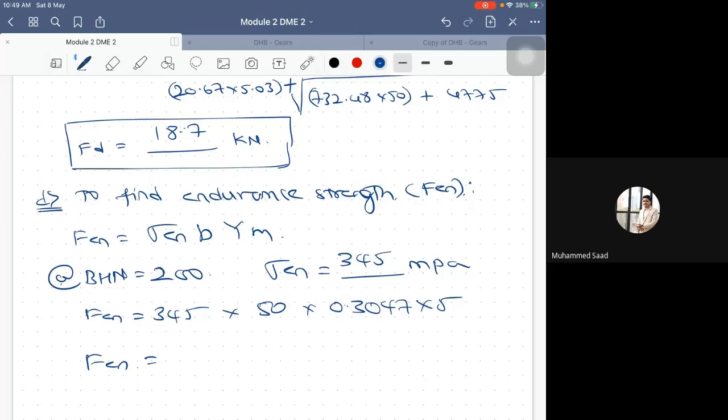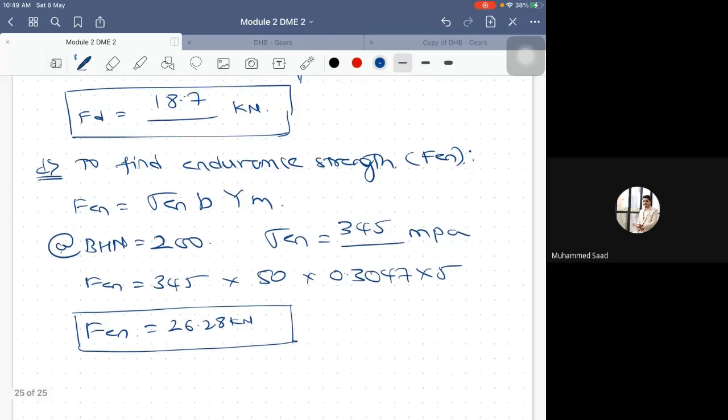28 kilonewton. Now, whether it is greater than dynamic load, so just write this particular sentence.